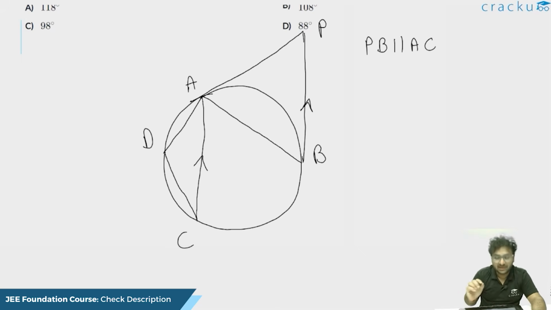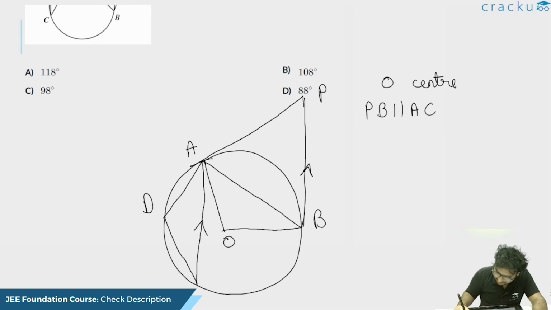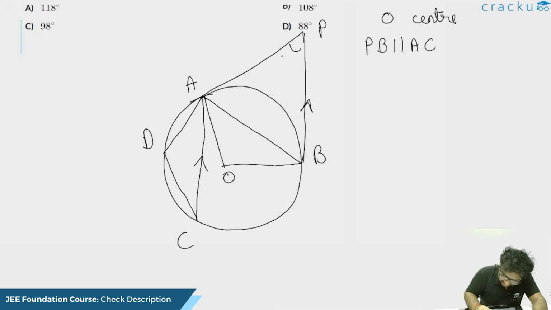Let me assume O to be the center, and it is given angle APB is equal to 72 degree. Now I know that tangent lengths are equal from a point to the circle. So this will be equal to this.